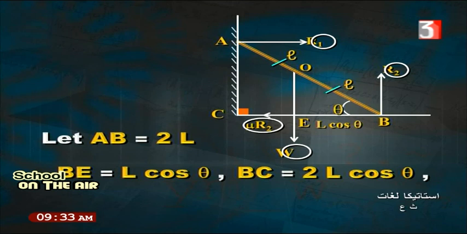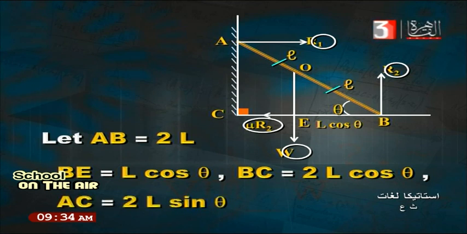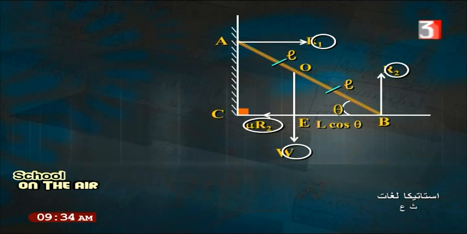Cosine theta in triangle EBO equals BE over L. Also, cosine theta in triangle ABC equals BC over 2L. Then BC equals L cosine theta and BE equals L cosine theta. AC, my dear student, equals L sine theta. Why? Because AC is opposite to angle theta.